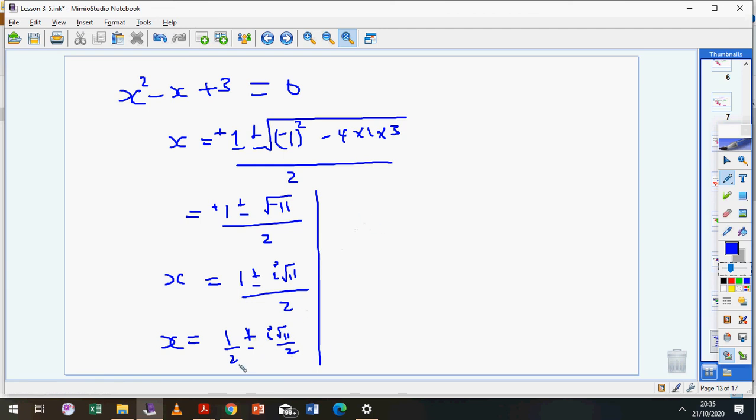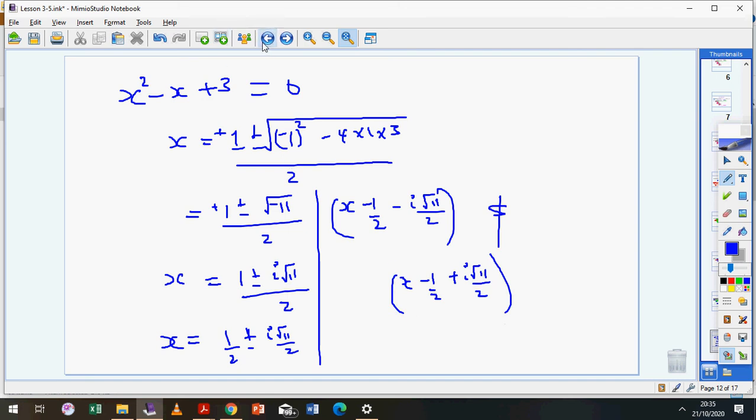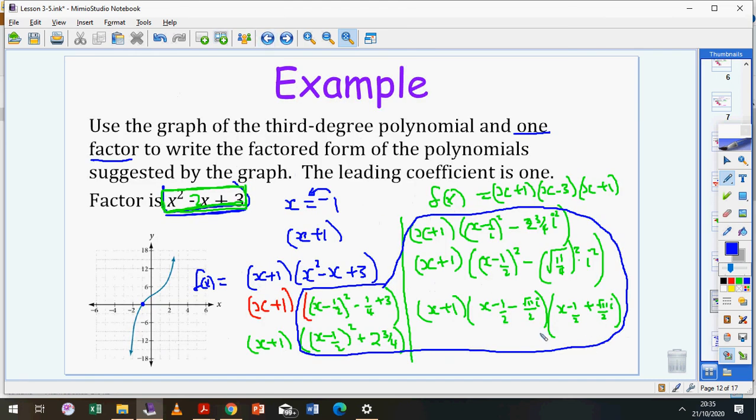I have x minus half minus i root 11 over 2 as one of the factors, and the other factor would be x minus half plus i root 11 over 2, which are the same two factors that I got here. Just went a longer way to get them.